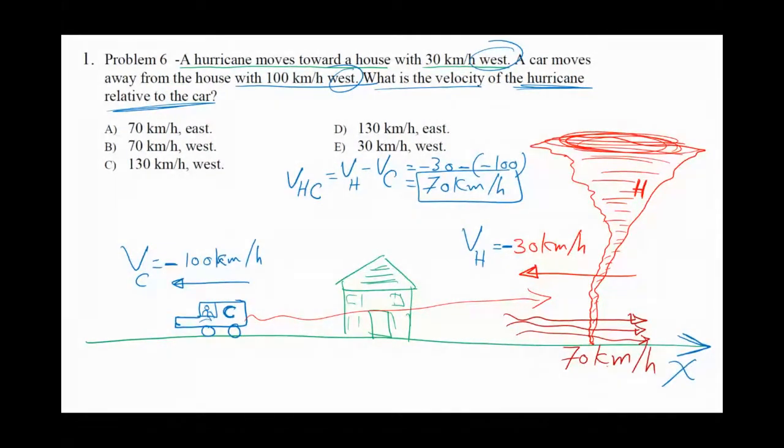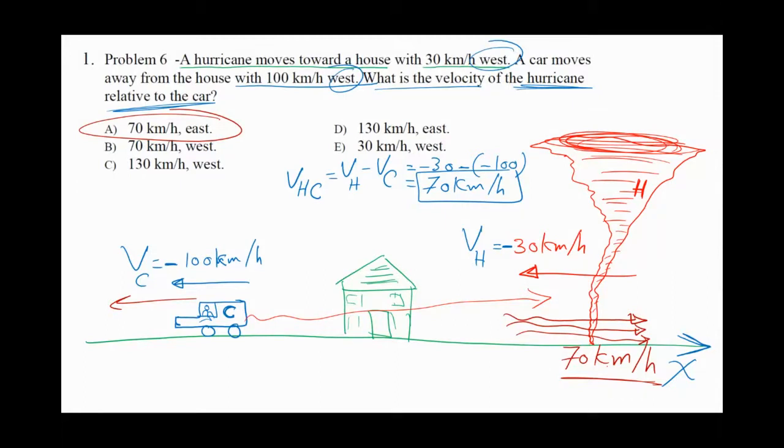In other words, he feels like the hurricane is moving away from him. He is moving to the west, and it's moving away from him, meaning that it's moving to the east, at a speed of 20 kilometers per hour. So the right answer will be number one.